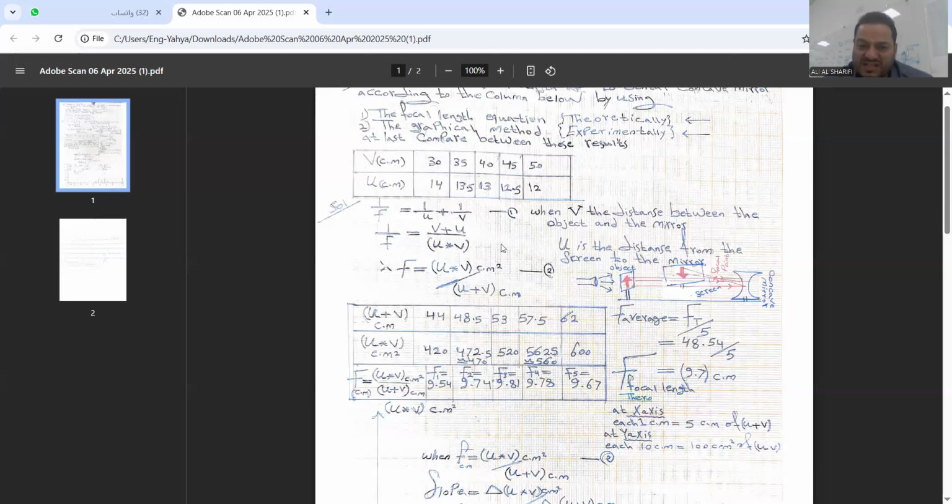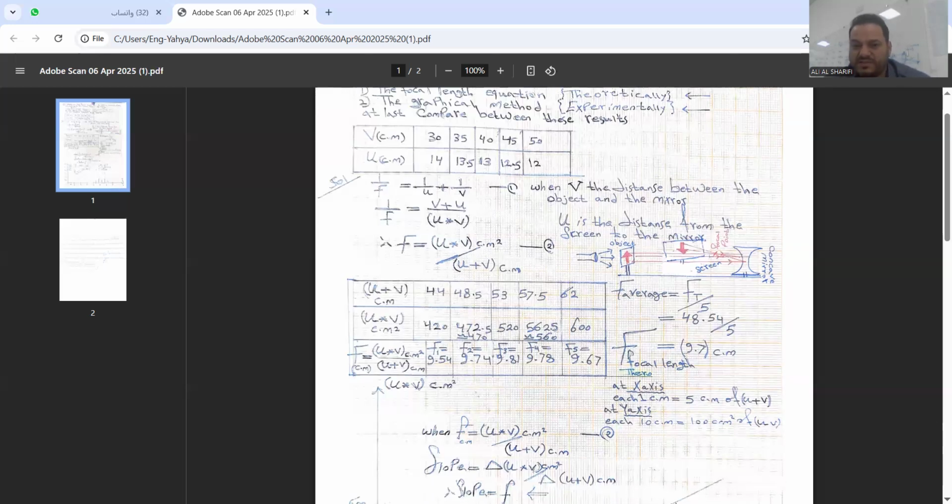I think it's easier and clearer, better than the first function. It's a little bit complicated, so I prefer to use this simplified function, okay? When I have U and V, that means I need a U plus V column and a U multiplied by V column.